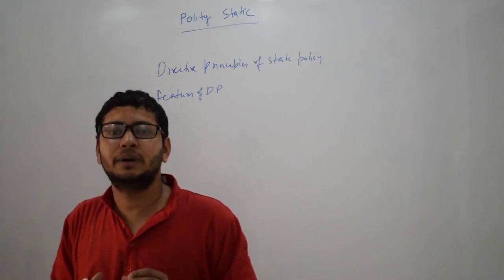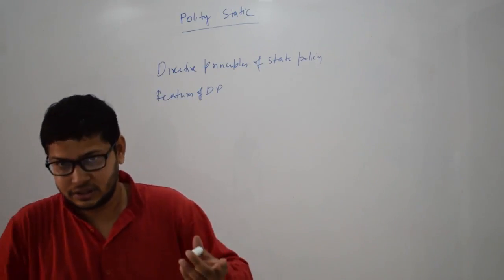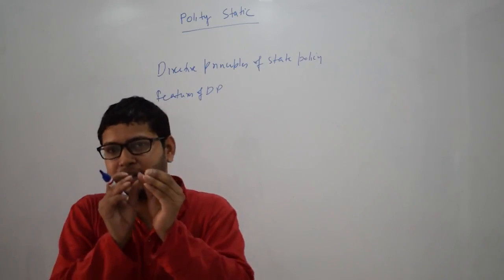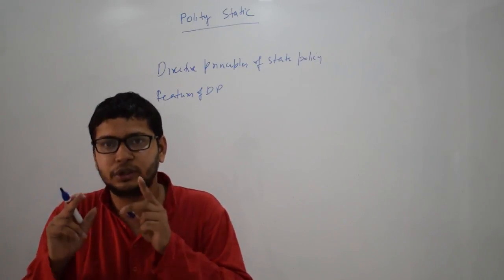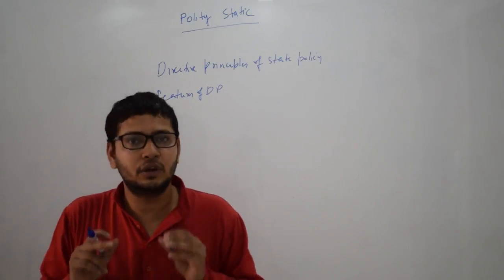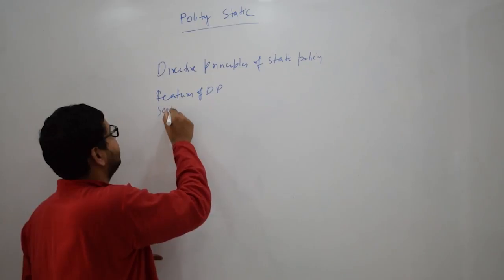There would be three or four statements, so you have to be well versed in what directive principles exactly want, because the four statements could be very similar to each other. But UPSC is asking because it wants to ensure whether you have read this chapter carefully or not. So first is that it seeks to create a welfare state.